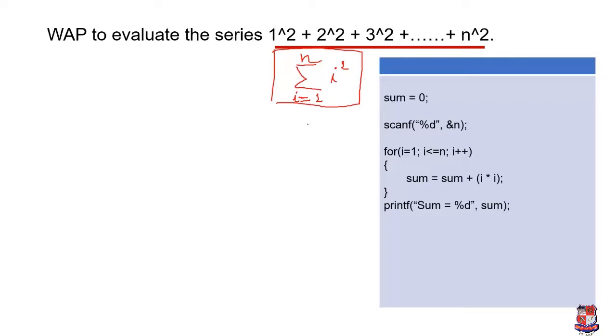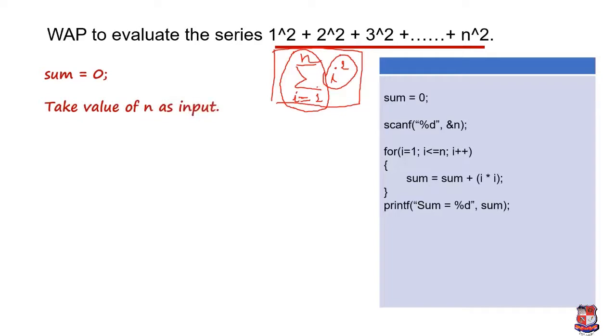To reach from 1 up to n, we have to use a loop. In each iteration of the loop we have a different value of I, and then we do the summation through this equation, that is I square. We'll start with a variable sum in which our final answer will be stored, and we initialize this summation variable with 0.